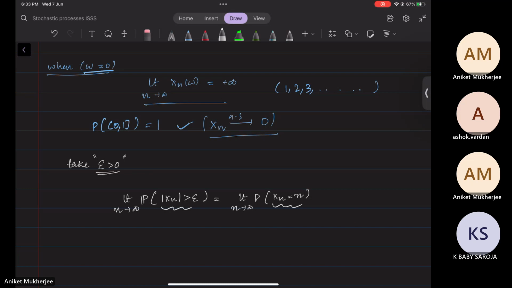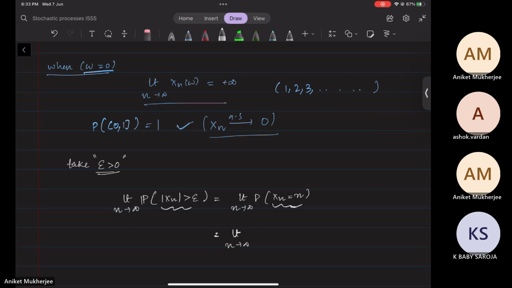It is clear, right? The event that Xn is greater than epsilon is equal to the event Xn equals n, because Xn can only take two values. It is either n or zero. So Xn being greater than something positive implies that it is greater than zero, and if it is greater than zero, it should be n because it can't take any other value.